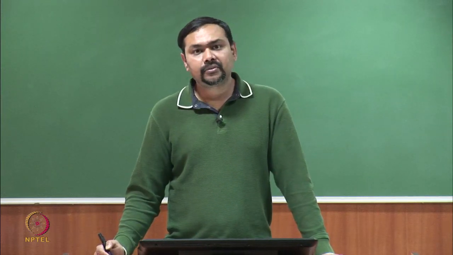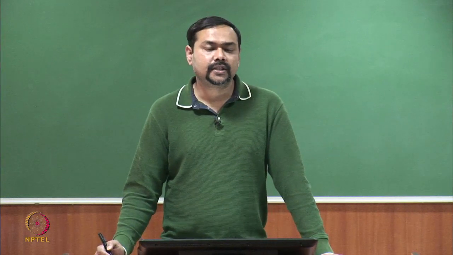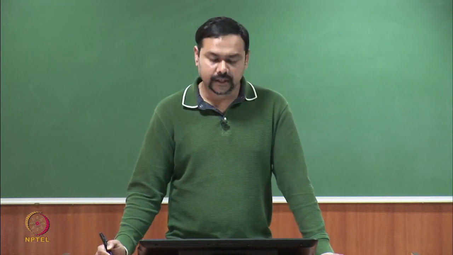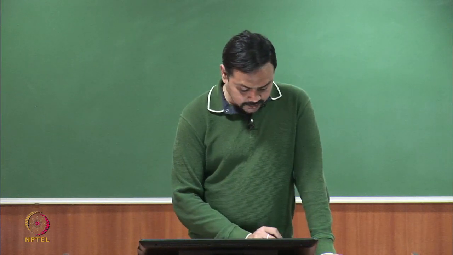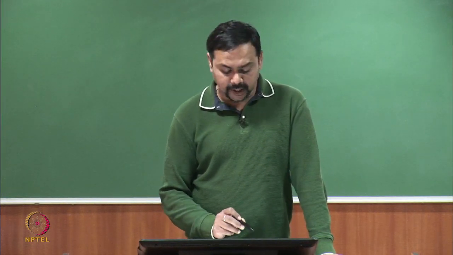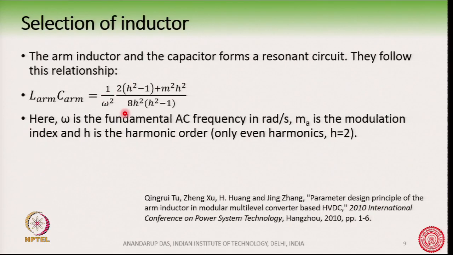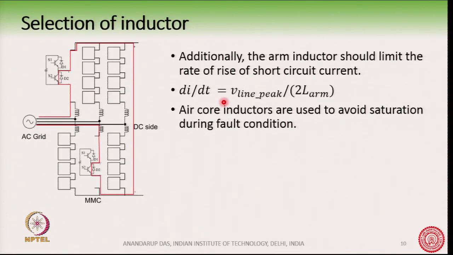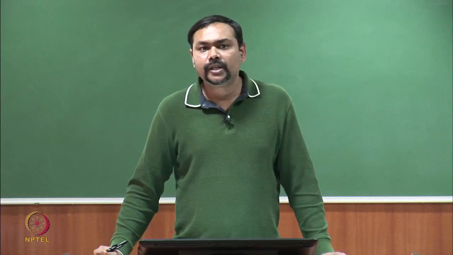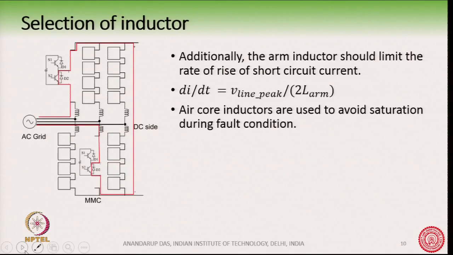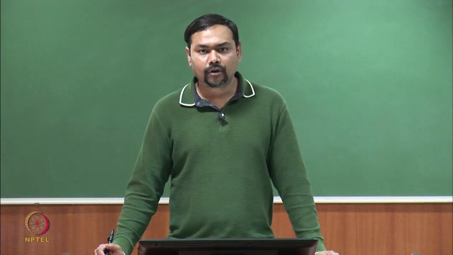Again, usually air core inductors are used to avoid saturation during fault condition. So, arm inductors are designed keeping 2 things in mind, this equation here and this one here, the V line peak divided by 2 L arm. So, with this basic idea, we will be able to design an MMC, and we will take a case study and design the components.